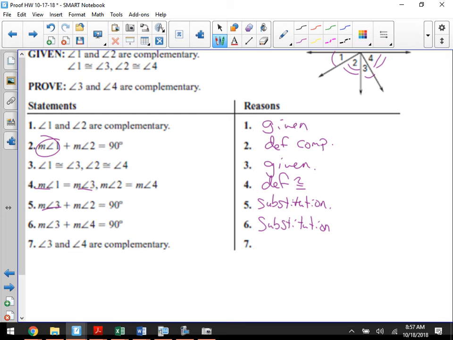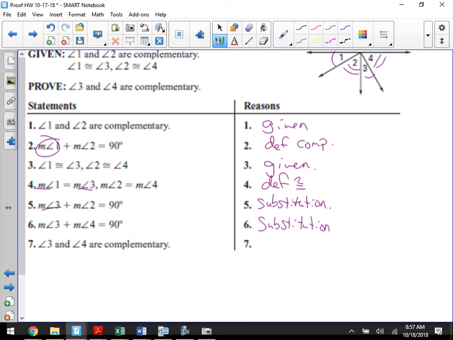And I know we mentioned this, but I don't know if we wrote it out. When you are doing definitions, if we're given that 1 and 2 are complementary, that means they add up to equal 90. On the other hand, if you say 2 angles add up to equal 90, you can say that they are complementary. The definitions work going in both directions.